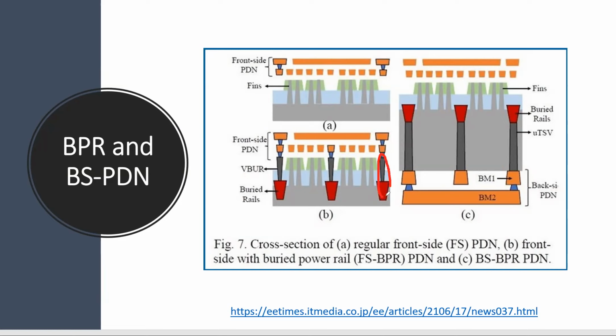So all these connections go to, say, metal 1 or metal 2, and the distance for the power to go to the transistor is much shorter than previously from the top. Here the distance is like metal 12 all the way down to metal 2 or metal 1. You have to pass from metal 12 to metal 2, and they're very thin lines, by the way, so the resistance is huge. And here you have the buried rail that directly hijacks it at, say, metal 2.